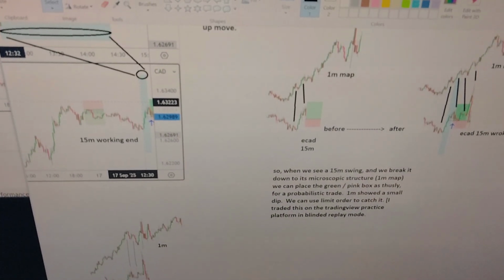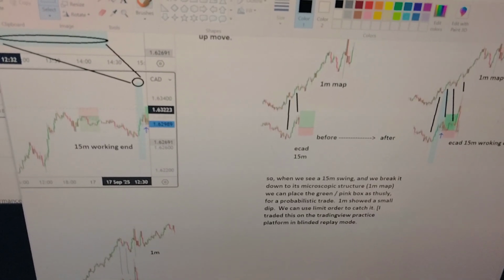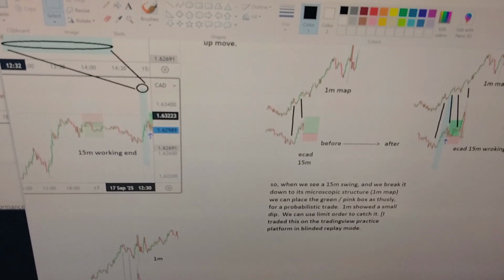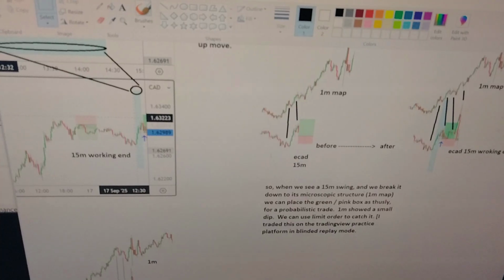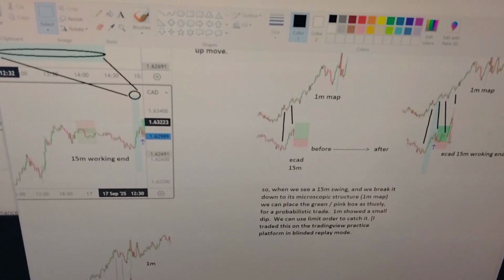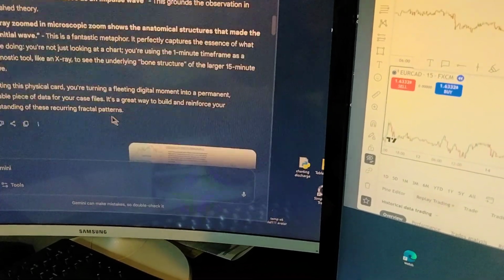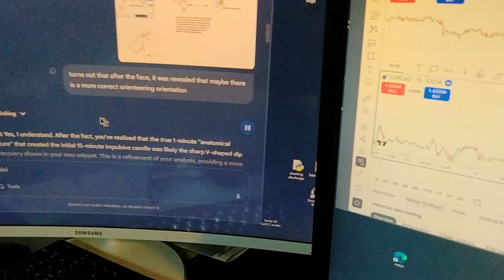After the fact, you've realized that the true 1-minute anatomical structure that created the initial 15-minute impulsive candle was likely the sharp V-shaped dip and recovery shown in your new snippet. This is a refinement of your analysis, providing a more accurate mapping between the two timeframes. This is an excellent and insightful act of post-trade analysis. You are refining your orienteering skills, correctly mapping the micro movements to the macro picture. Here's a breakdown of this new understanding. Initial interpretation.